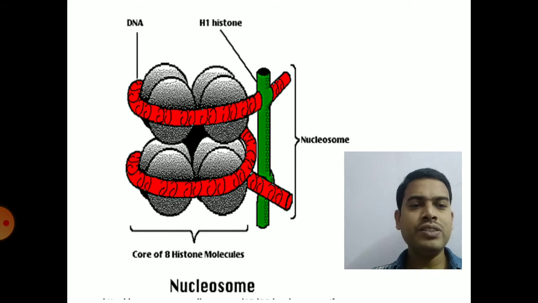Together with the linker histone, it will cover around 160 to 168 base pairs. So core histone, which is an octamer, plus DNA plus H1 histone, is called a single nucleosome. This DNA is highly wrapped and condensed around these nucleosomes.